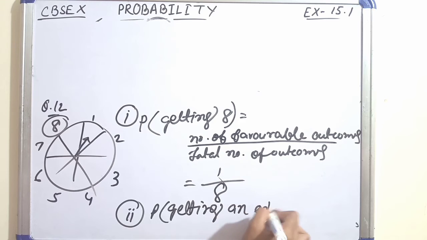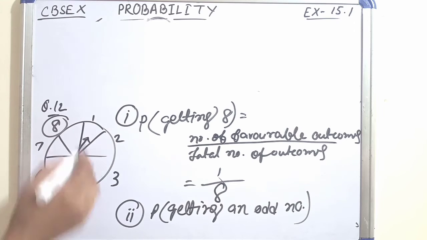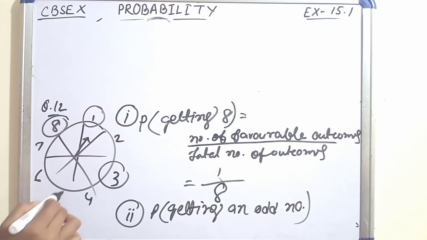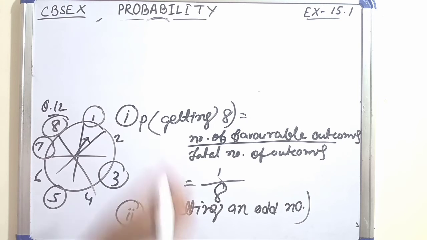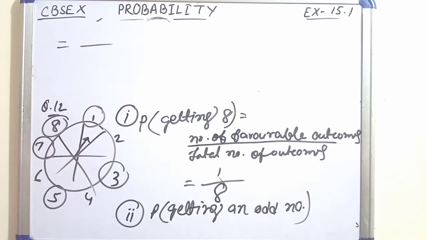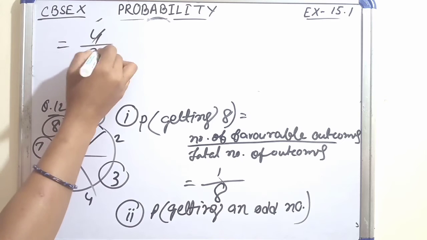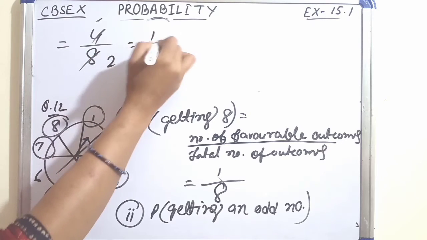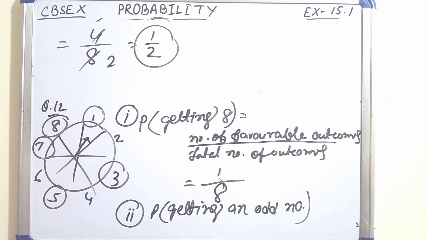Here odd numbers are 1, 3, 5 and 7 also, that means 4. So probability of getting an odd number is equal to number of favorable outcomes 4 and total number of outcomes 8, that means 1 upon 2.